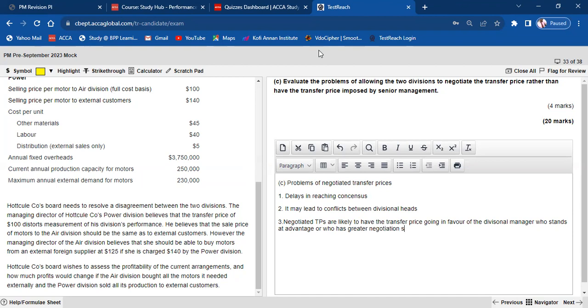Think about that. Does it make sense to you? So it's going to be a winner-takes-all situation. If I have the bigger power and negotiation skills also, I may have the transfer price going in my favor. That will create problems between divisional heads.